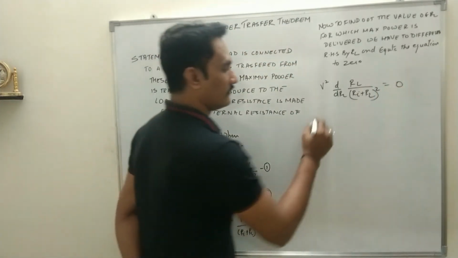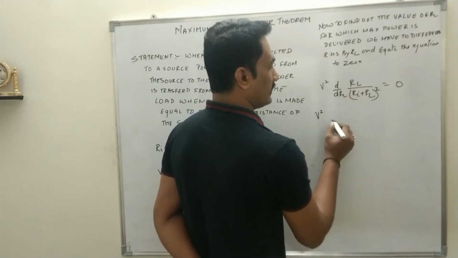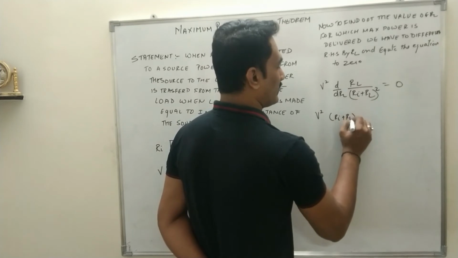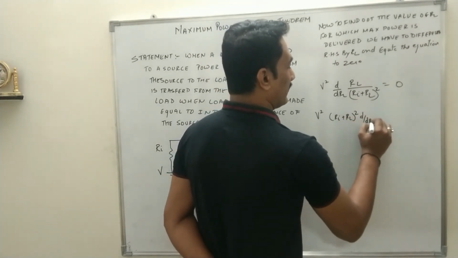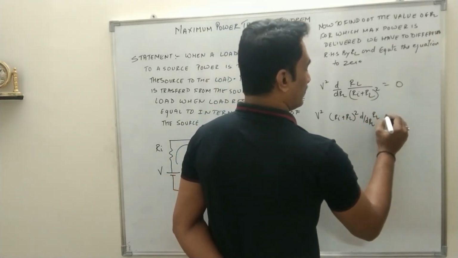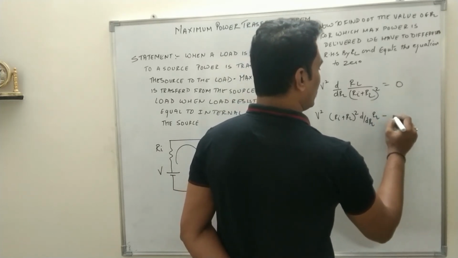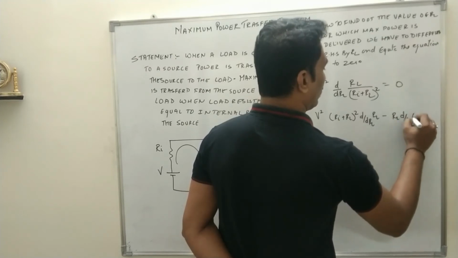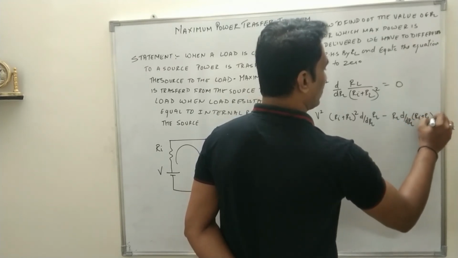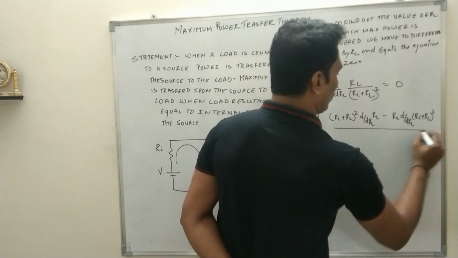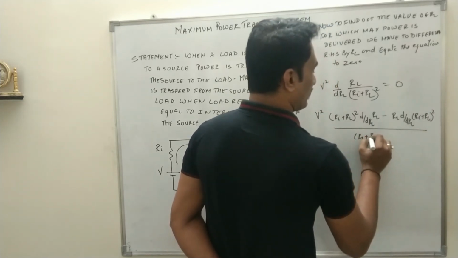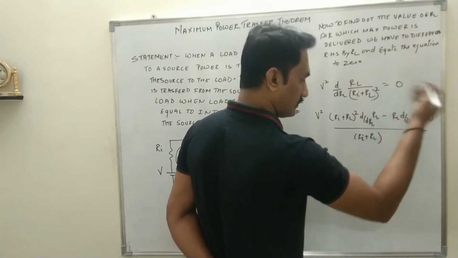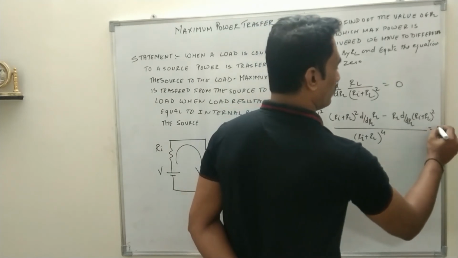So now when you solve, this equation will be V square, differentiate this value: (Ri plus RL) the whole square d/dRL of RL, and minus RL into d/dRL of (Ri plus RL) the whole square, upon (Ri plus RL) of course a whole square, that square will be raised to power 4.